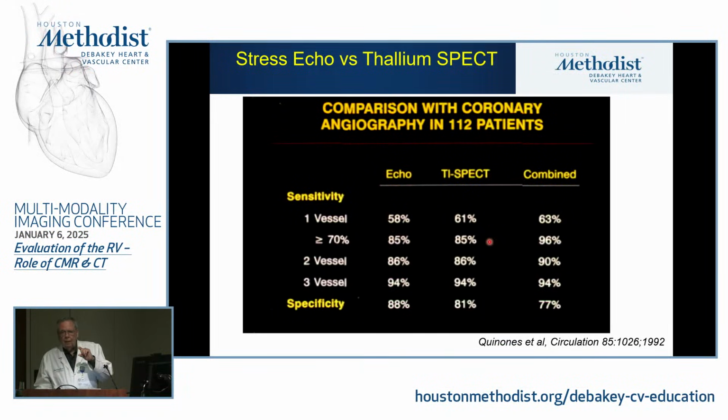But in that intermediate 50 to 70% diameter obstruction, it's a gray zone, where of course part of the limitation is our angiographic ability to actually measure that correctly, and the other limitation is that some of those lesions are not flow limiting, so the patients don't actually get ischemia. So that's why, particularly with single vessel disease, we still like to aim towards detecting 70% stenosis or greater.